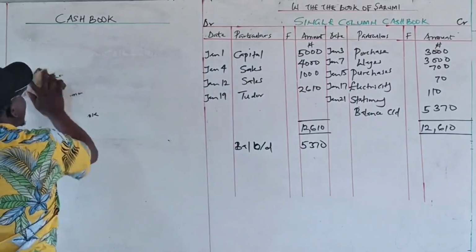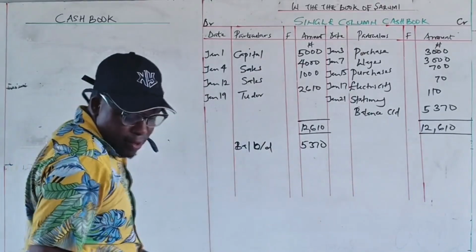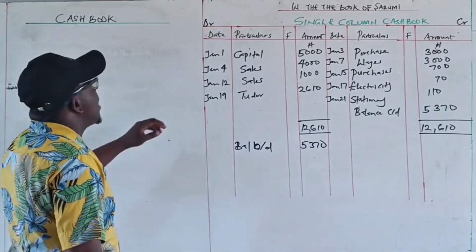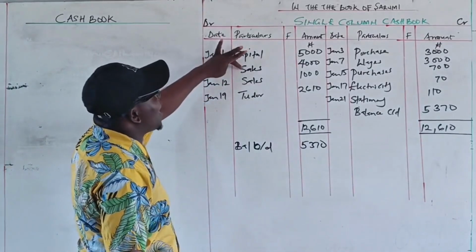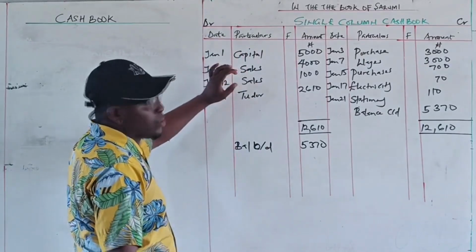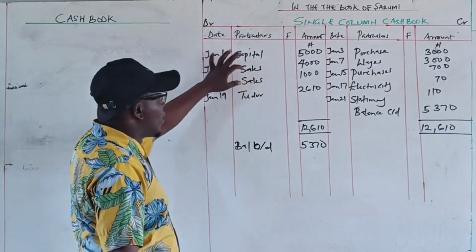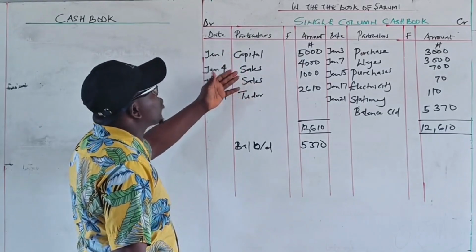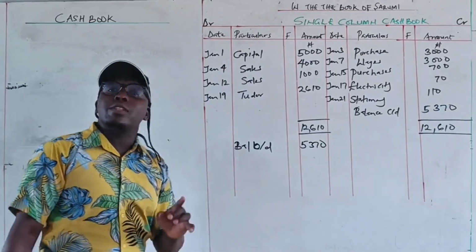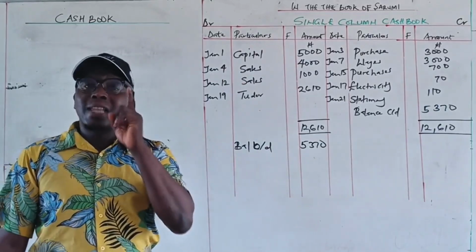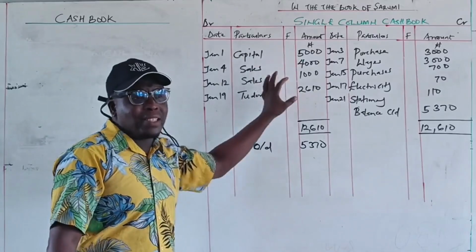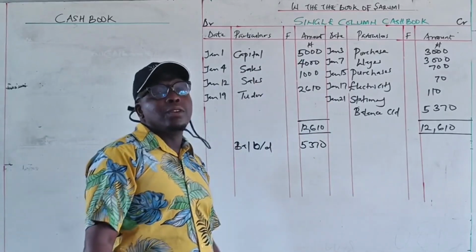Now, preparing the ledger, one thing we need to understand is this: if we have one account that occurs on different occasions, frequently, like the sales account appears here twice, purchase account appears here twice, we are only going to prepare one sales account and one purchase account to record all events that are sales related.